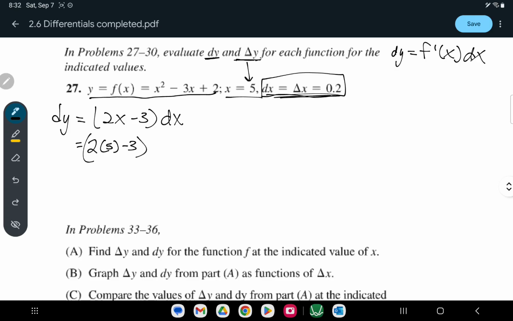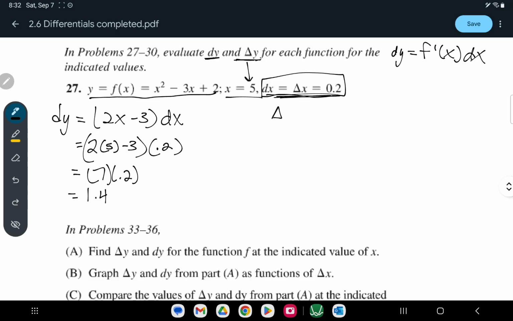And I have a dx value. So let's see, that'd be 10 minus 3, which is 7, times 0.2, which gives me 1.4. So cool. I have an approximation.